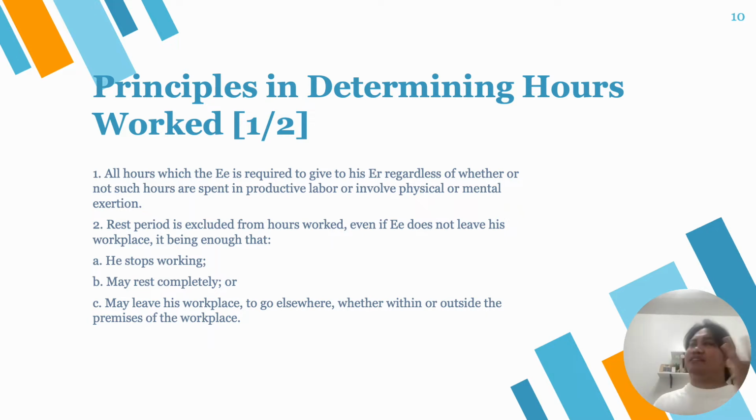Notwithstanding the fact that you can't really leave the workplace, kasi it could be very far from the city center, it could be far from the malls where you can actually go and buy stuff. That is still excluded because you are left on your own devices. You're allowed to sleep, to journal, to blog, to scan the internet. You're allowed on your own devices. Therefore, those hours are excluded.